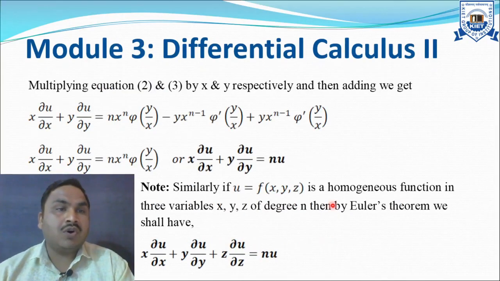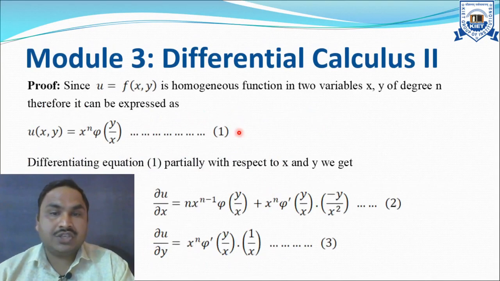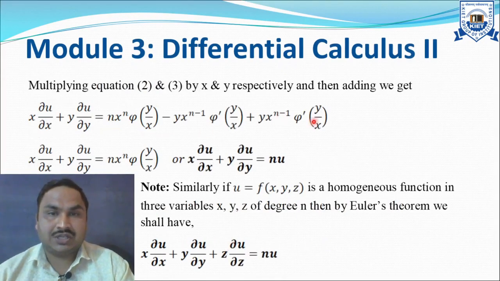So ∂u/∂x will have n x raised to the power n phi of y over x minus y x raised to the power n minus 1 phi dash of y over x, which will correspond to this term after multiplication of x and simplification. Similarly, in RHS, terms corresponding to ∂u/∂y after multiplying with y will be y into x raised to the power n minus 1 phi dash of y over x as this term.